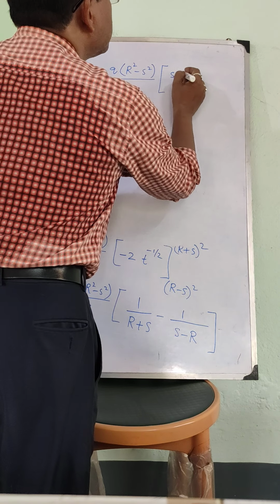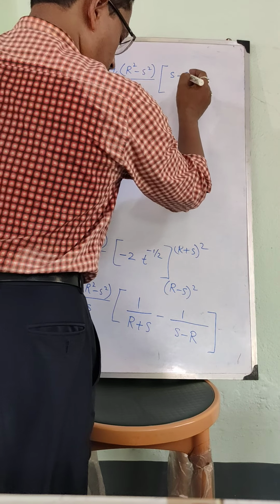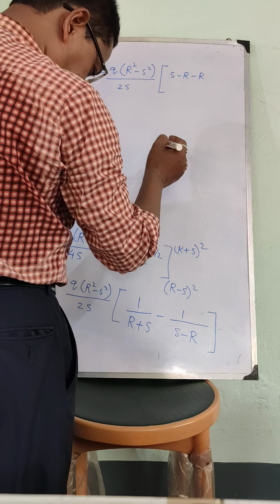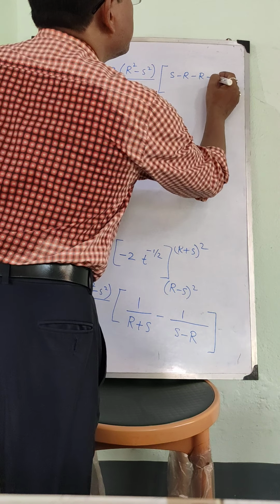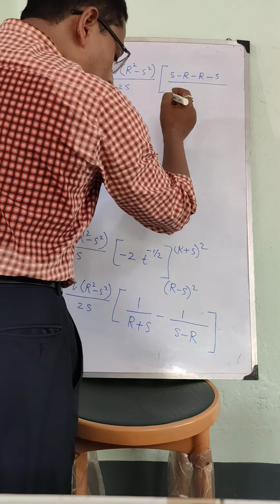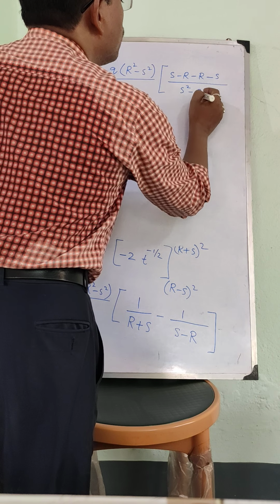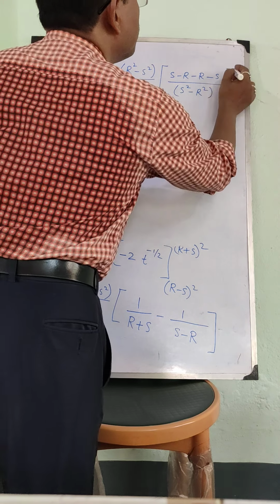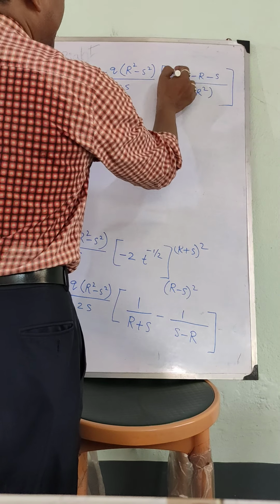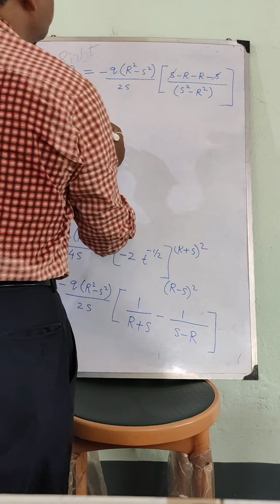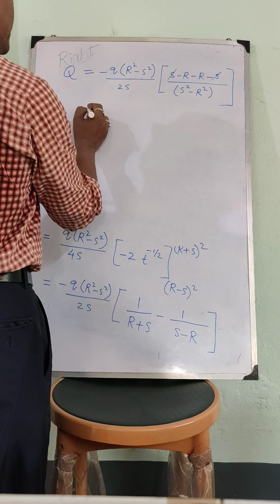So s minus r minus r minus s divided by s square minus r square. Okay, so s cancels, so we get minus 2r.